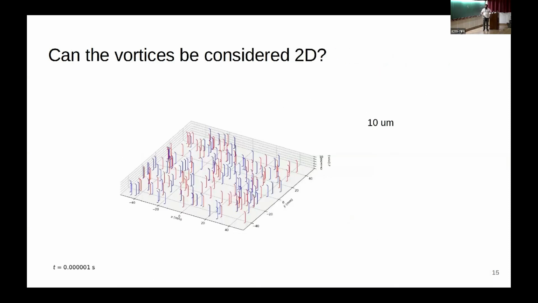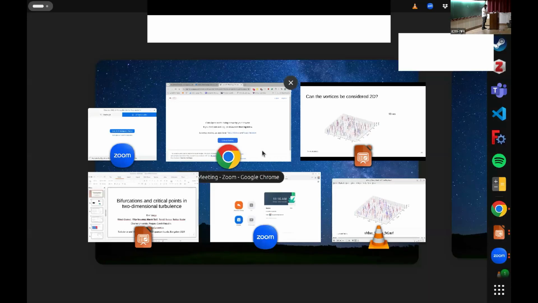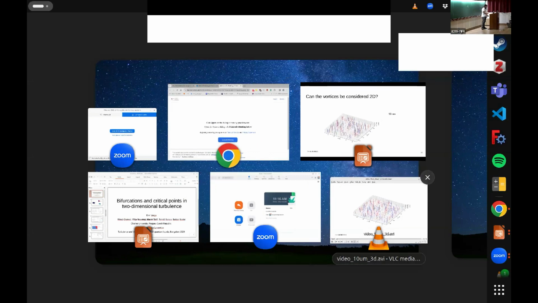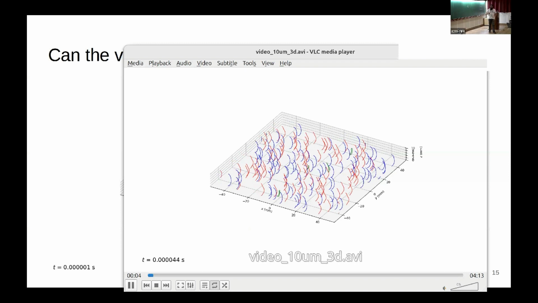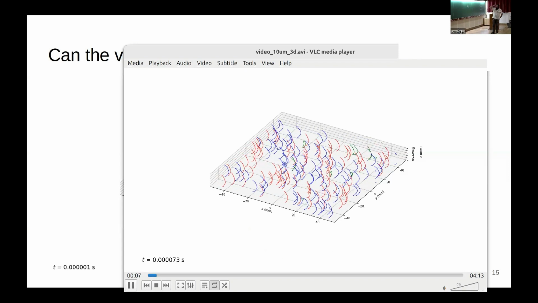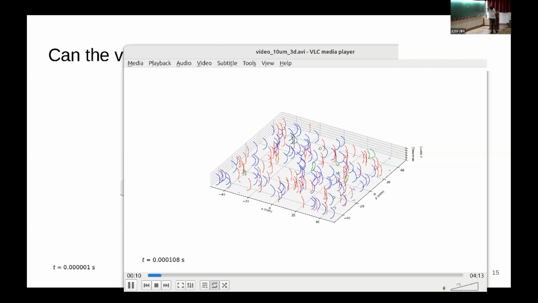Now, even if we go to much larger confinement than we actually use, 10 micrometers, so that the vortices have much more freedom to move, and again subject them to fairly high velocities, what we still see is that some deformations on the vortices develop, but they still retain their two-dimensional nature.